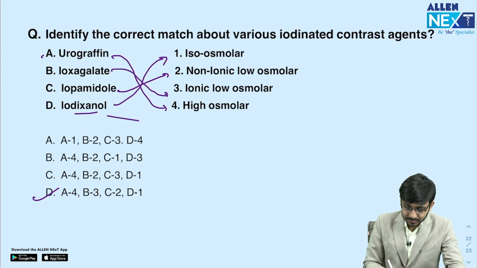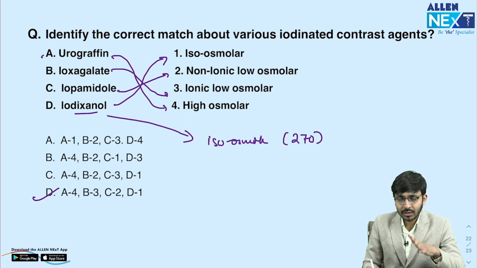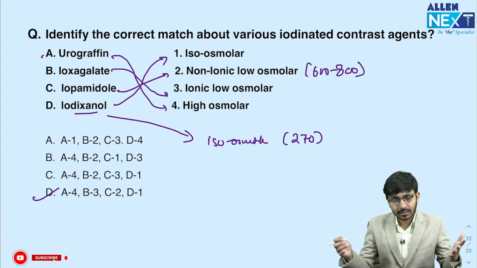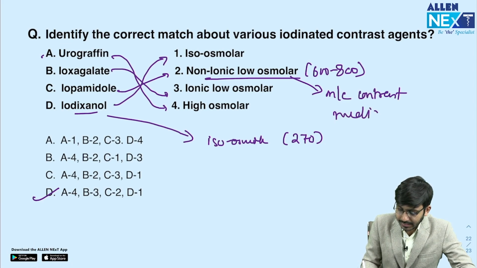Now remember, iodixanol is an iso-osmolar contrast agent, so it has an osmolality around 270. Whereas low osmolar agents typically have osmolality between 600 to 800, and these are the most common contrast media in CT. Okay.